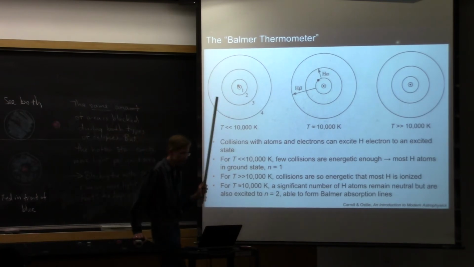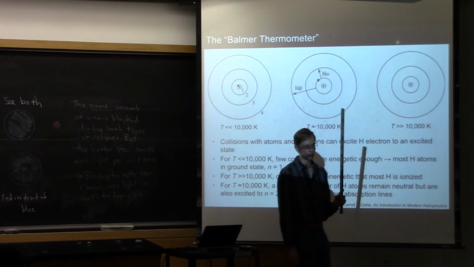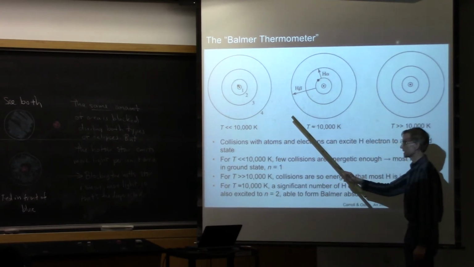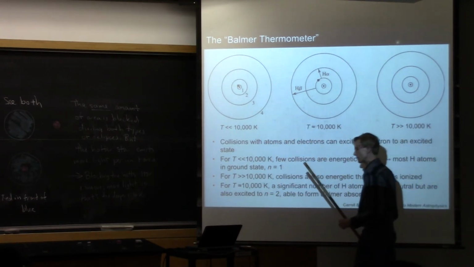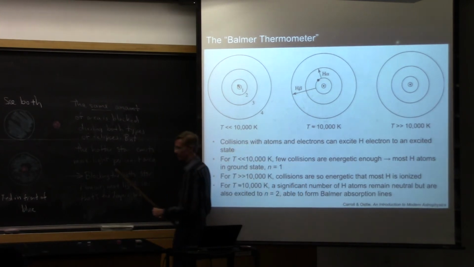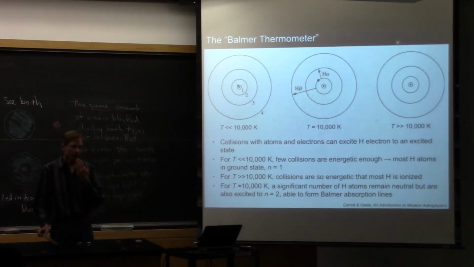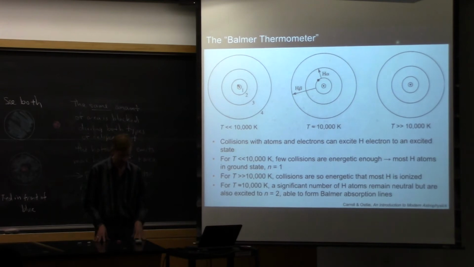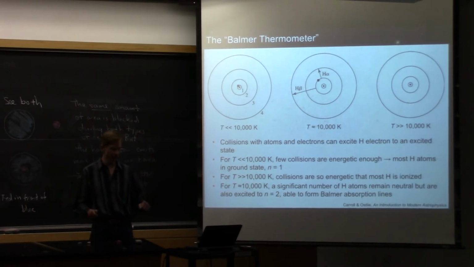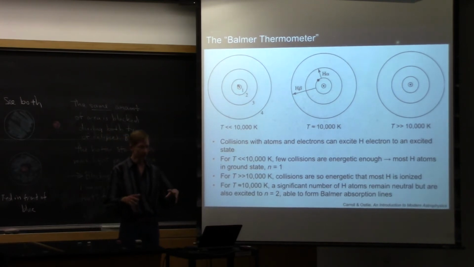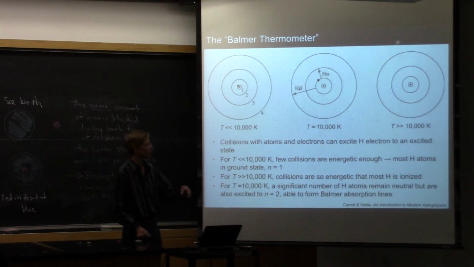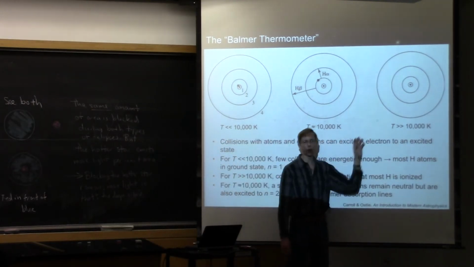Because as I said, an electron in the ground state can only absorb ultraviolet photons. So if the star is too cold, it has weak spectral lines because virtually all the hydrogen is in the ground state. On the other hand, if the star is much hotter than 10,000 Kelvin, then the atoms are moving so fast that collisions are energetic enough to strip the electrons off of them.